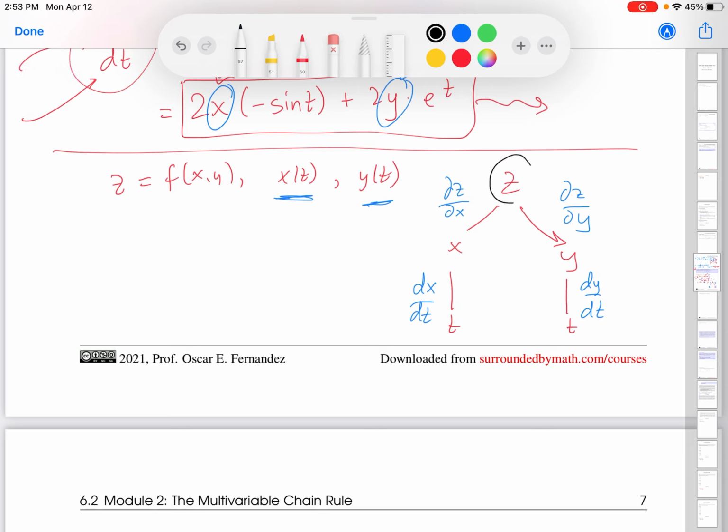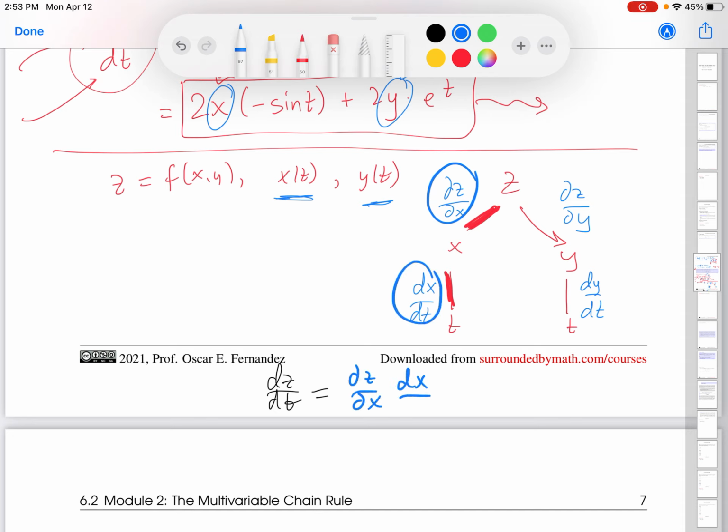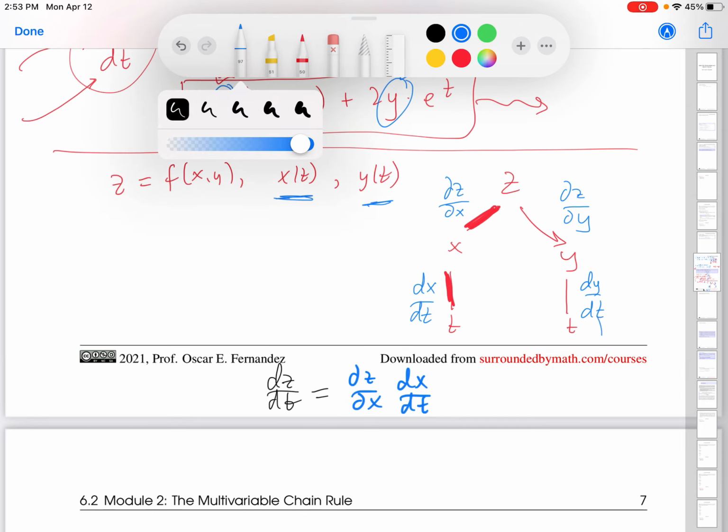So now if I want to get from z all the way down to t, I would say, okay, dz dt equals, well, I have to first traverse this part of the path. So that will end up giving me a product of these two terms, dz dx times dx dt. And then there is another t, which is on this side over here.